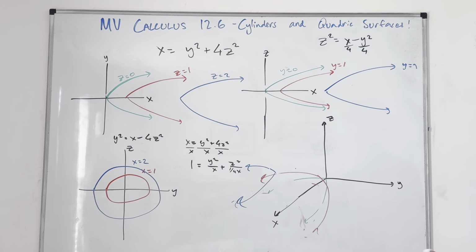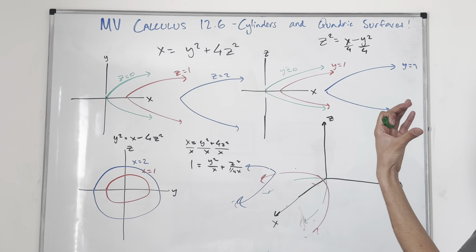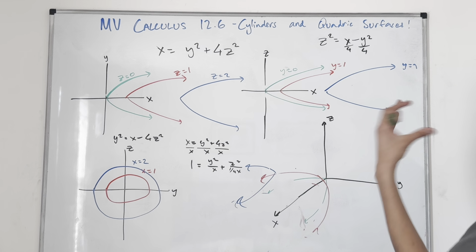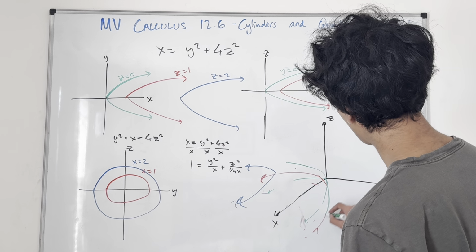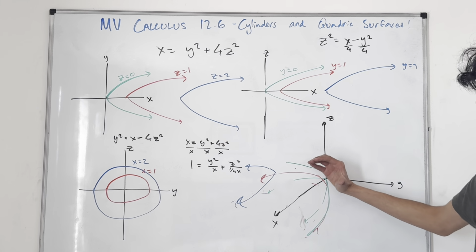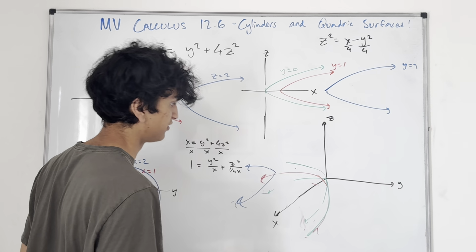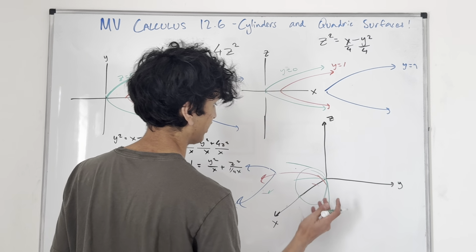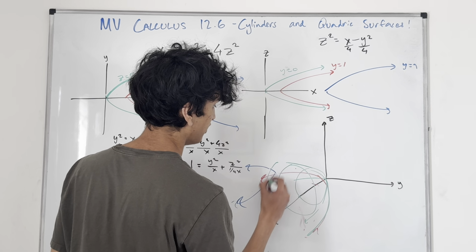In the zx plane, we also have parabolas, these horizontal parabolas. So you have this parabola right here, and I think now you can start to determine the shape because you have this parabola opening up this way, a parabola opening up this way, and last of all, I'm not even going to draw all the traces, you have these cross sections in the zx plane that look like this.